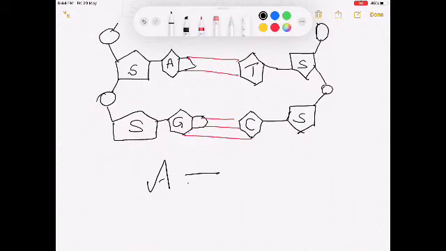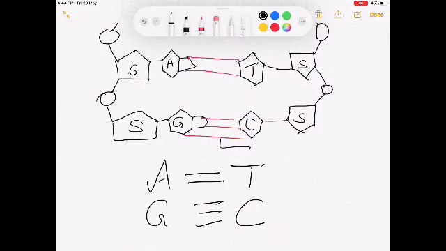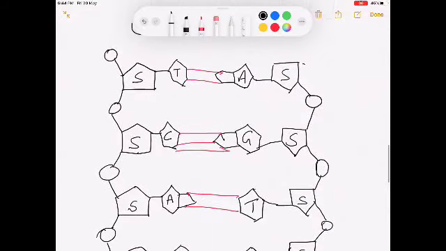A always combines with T with two hydrogen bonds. G always combines with C with three hydrogen bonds. So these are hydrogen bonds. Okay students, so this is our complementary strand of DNA.